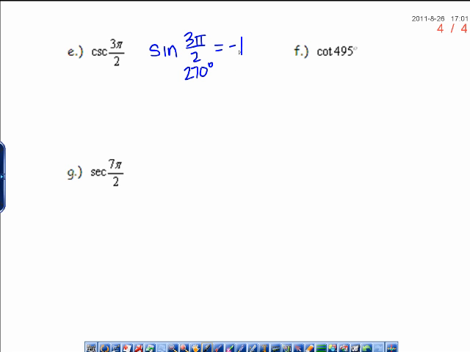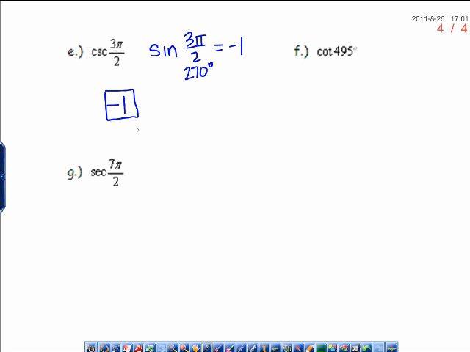So we need to take the reciprocal of -1. Reciprocal of -1 is -1. Just as a side note, on the chart, if you take the reciprocal of 1 or -1, obviously it won't change anything.